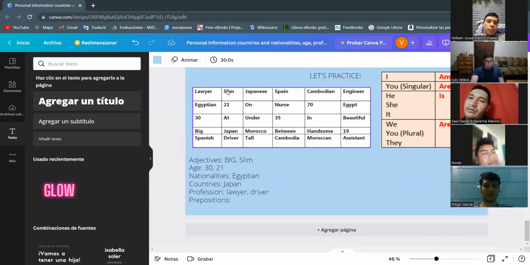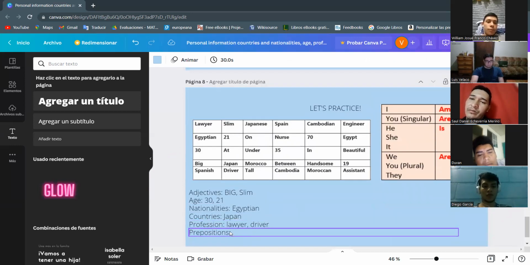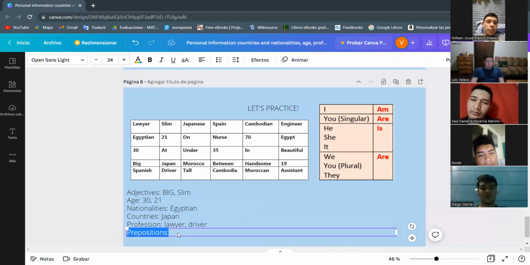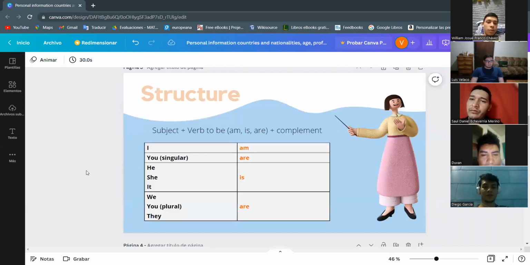Let's see, Diego. Do you see a preposition in the second column? Yes. At. At, great. Okay. Give me a positive structure using at.